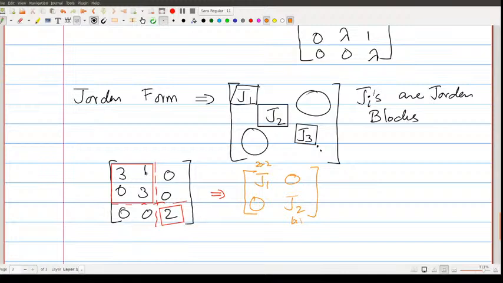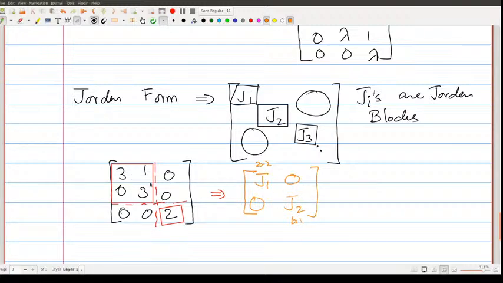And so you see this matrix is itself in Jordan form, right? The idea is that you don't have numbers on the diagonal, you have Jordan blocks on the diagonal.